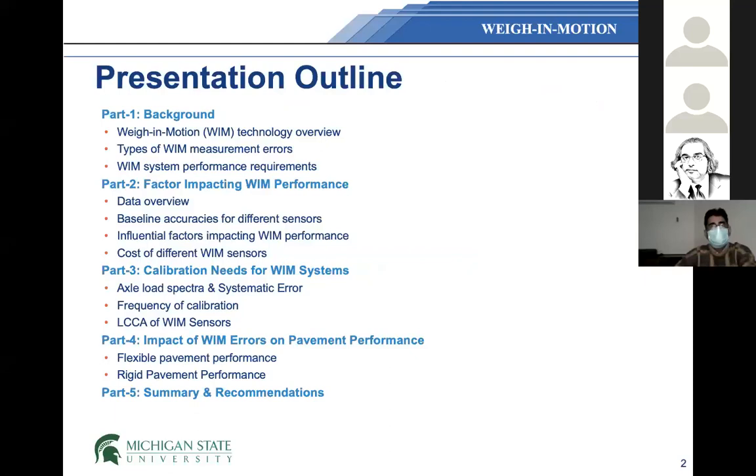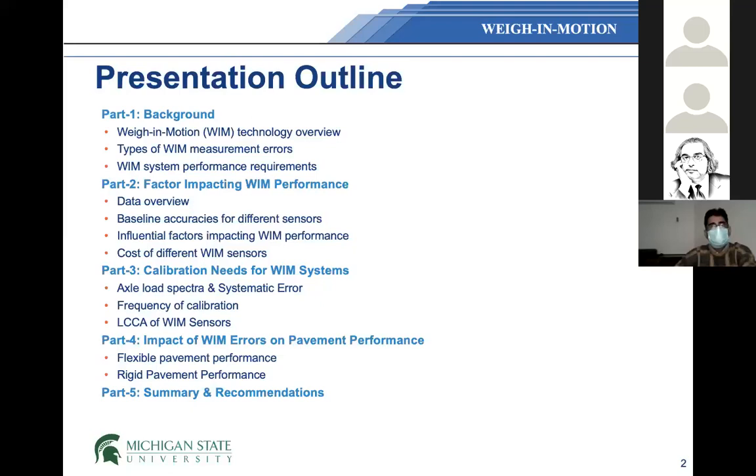I'm part of a couple of national studies on WIM in the US. I will also talk about some factors: we cannot put a WIM sensor on any site.